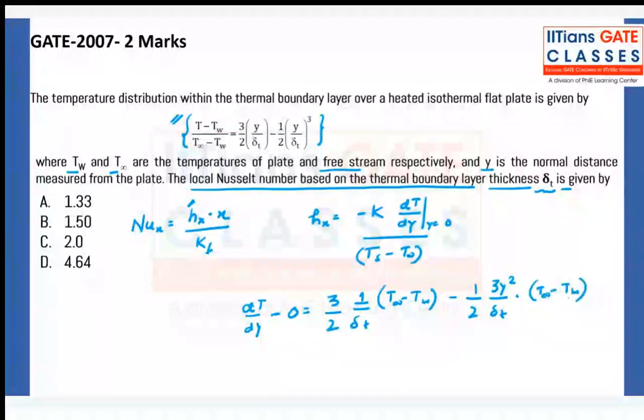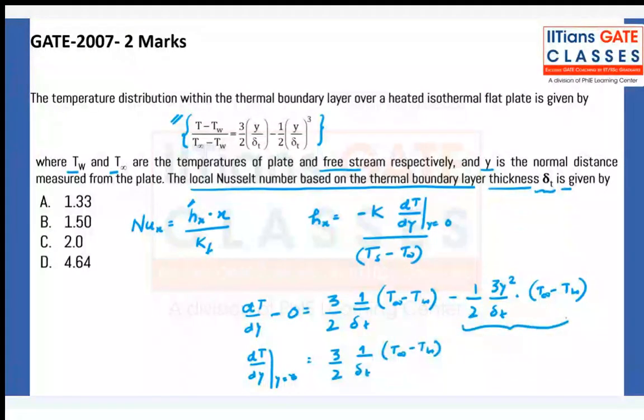Okay, now let me take dT by dy at y is equal to 0. It will be equal to 3 by 2 times 1 upon delta t infinity minus Tw, because this term with y will go to 0.